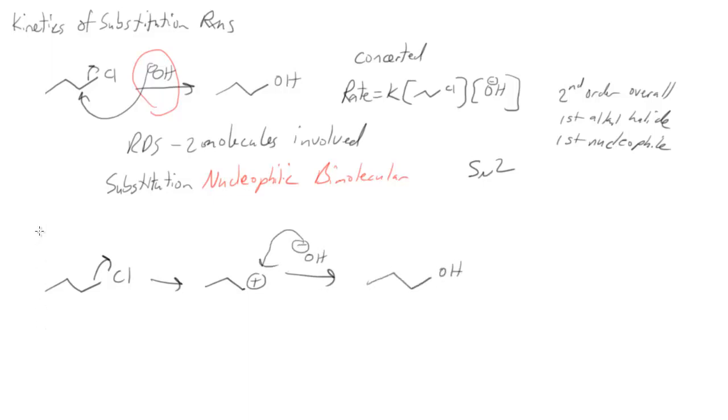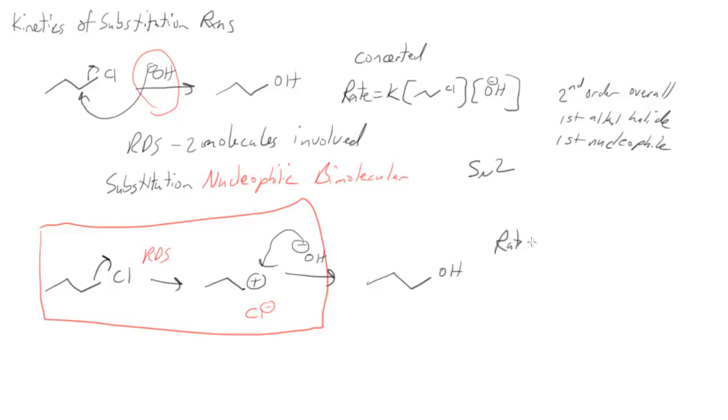And if you remember from the previous discussion, the rate determining step is the first one, the one where the neutral molecule breaks apart into two charged species, makes this carbocation, and there's a chloride minus. So if that's my rate determining step, my rate equals k, the rate constant, times the concentration of the alkyl halide only, because the hydroxide is not involved in the rate determining step.